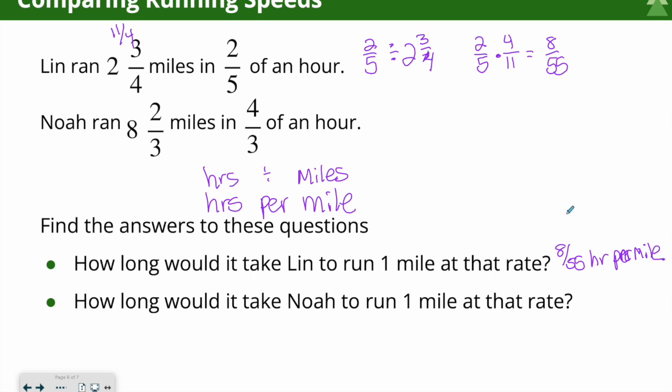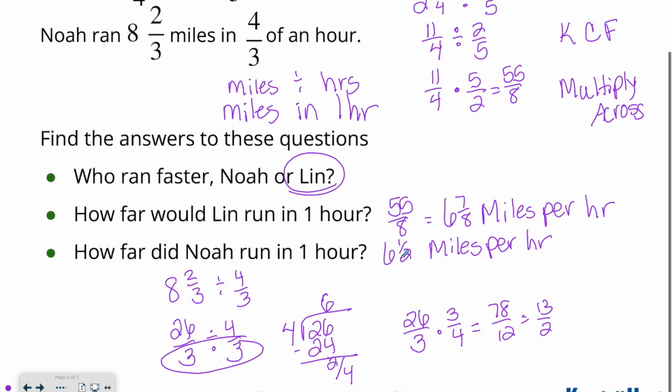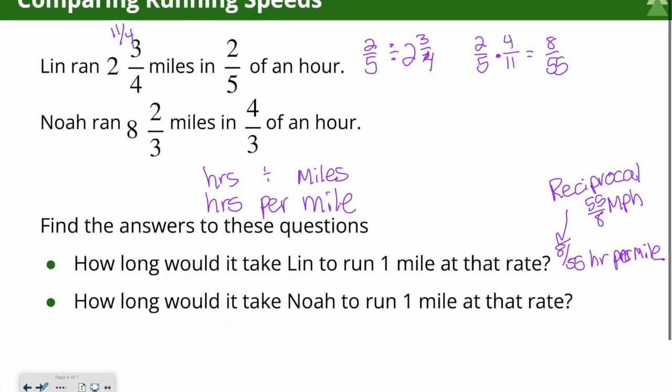Hey, wait a minute. That's the reciprocal of the 55/8 miles per hour. So if we remember, we ended up with 6.5 miles per hour, or 13/2. So that means it should be 2/13 hours per mile. 8 2/3 was 26/3.